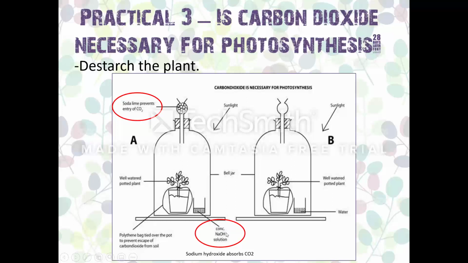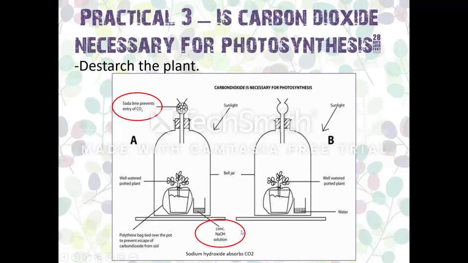This here is being used to absorb carbon dioxide. Now I actually need the carbon dioxide to do my test, so I'm just going to use water as a placebo, basically. So my control is my plant being exposed to no carbon dioxide. My test is my plant being exposed to carbon dioxide.